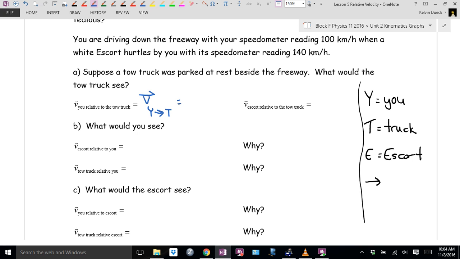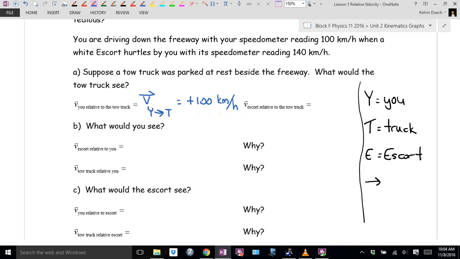What direction does the tow truck driver see you traveling? Well, if he sees you in the rearview mirror, he sees your headlights getting closer, forwards. Or if he sees you in front of him, he sees your taillights receding, still going forwards. So I'm going to argue that your velocity relative to the tow truck driver is positive 100 kilometers per hour.